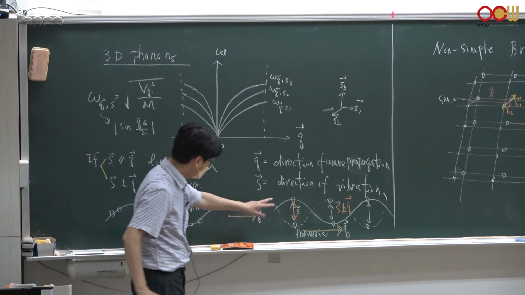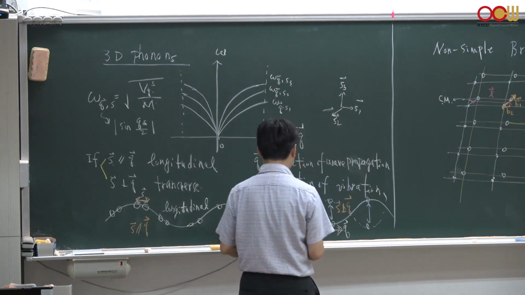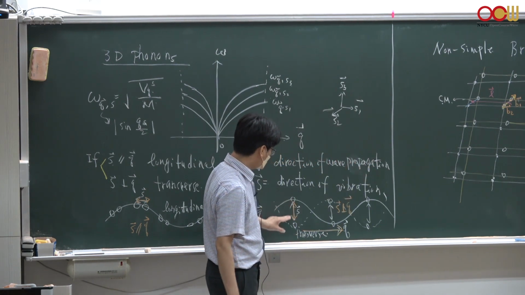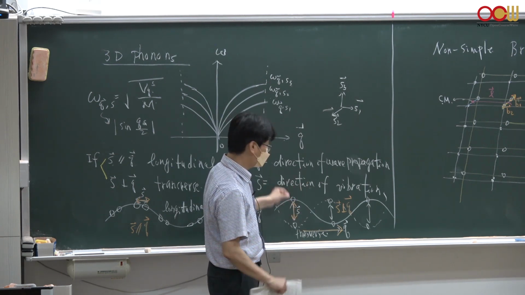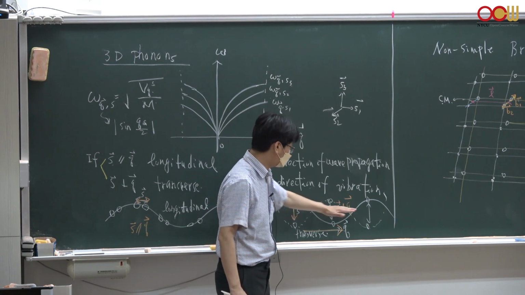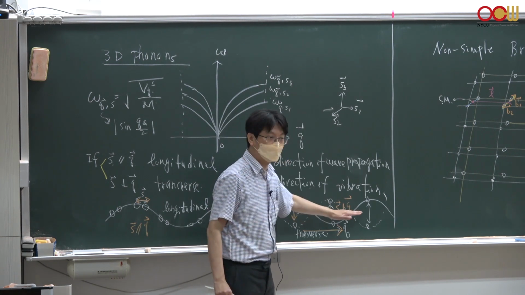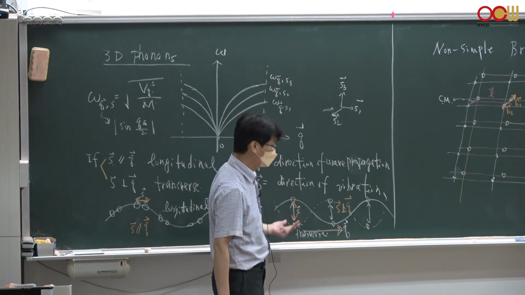Okay, but there is another example, a transverse phonon mode, where the atoms vibrate along the y-axis, perpendicular to the x-axis, where the horizontal x-axis represents the direction of the wave propagation.